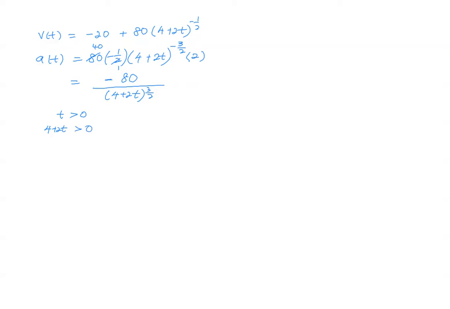Therefore, negative 80 divided by a positive number will be less than 0. Am I right? So this shows that velocity is always decreasing. This is not part of the question also.